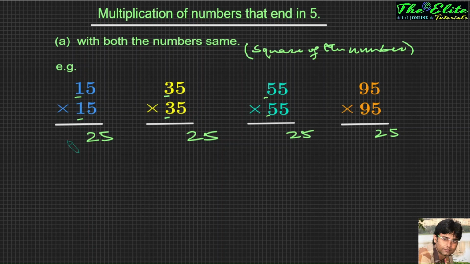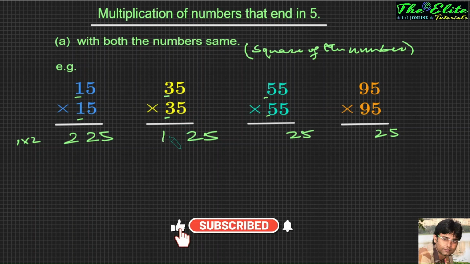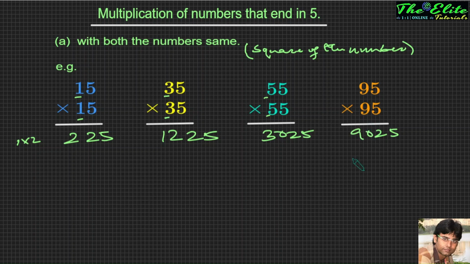Like if it is 1, then multiply 1 by 2 to write over here. So it will be 2. So 15 times 15 is 225. Likewise here, it is 3, so multiply by the next number: 3 times 4 gives you 12. 5 times 6 gives you 30. 9 times 10 gives you 90. And this is our answer.